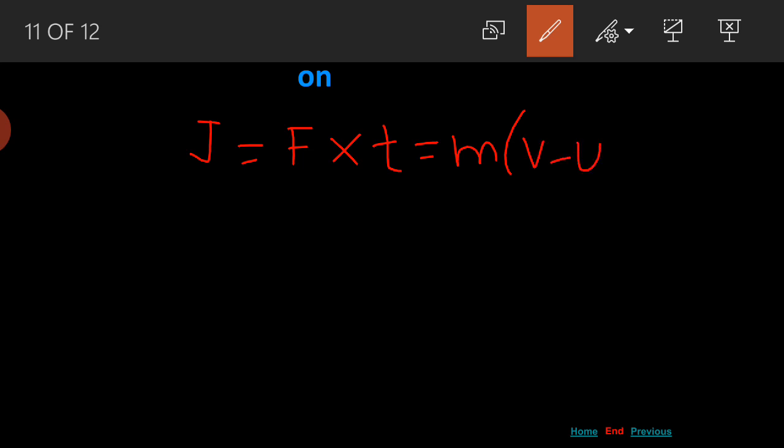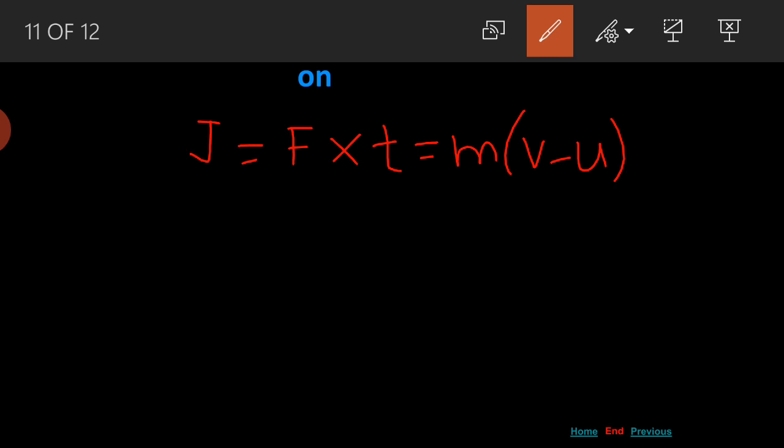So let us now recapitulate what we have studied today. The first concept we have studied is impulse. So what is impulse? Impulse J is given by the force multiplied by the time, and it is further equal to the change in momentum, mv minus mu.